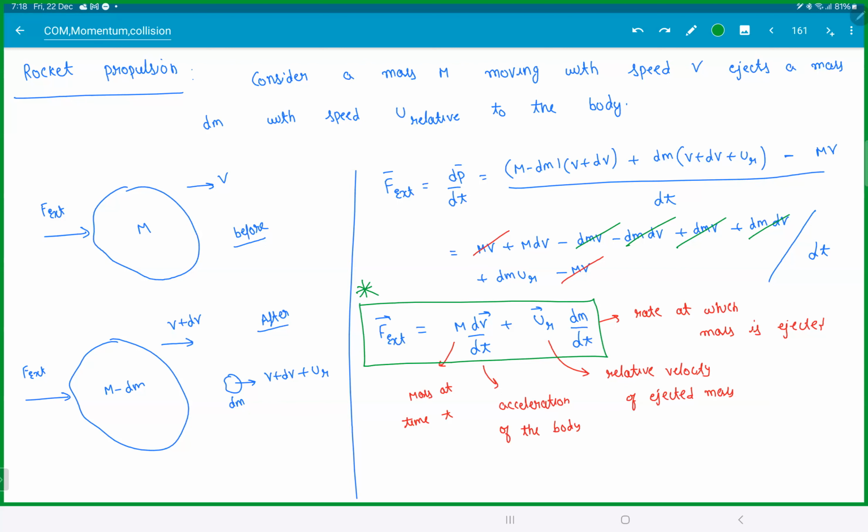So if there is a system where mass is changing, where there is an external force also acting and mass is being thrown out, this is the thing which you have to use.